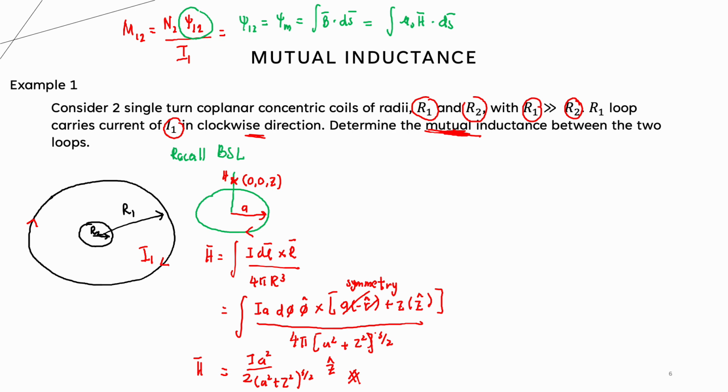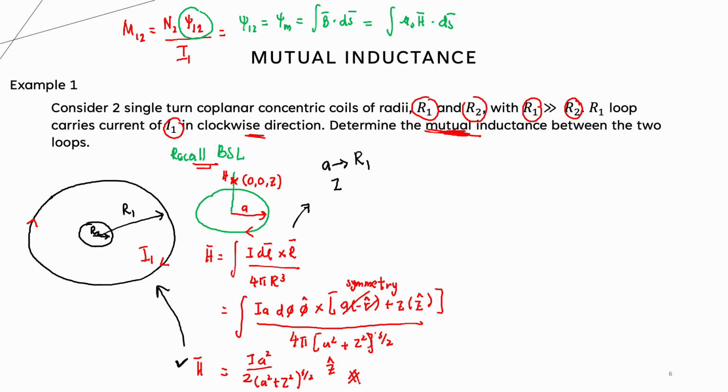If you are not very sure about this, please revise the previous Biot-Savart law. Now we relate it to this question. In Biot-Savart law the radius is a, but in our case the radius is r1, so we can substitute a with r1.